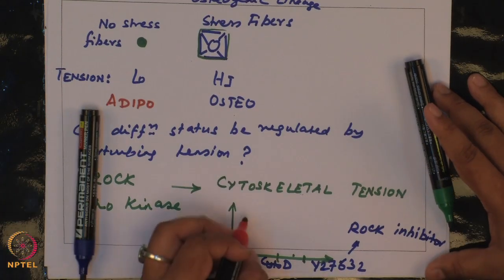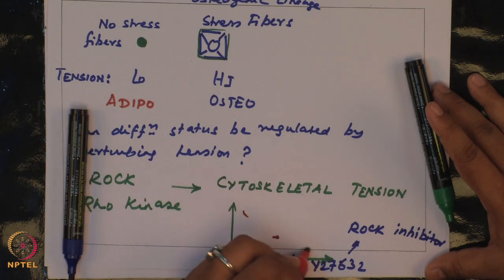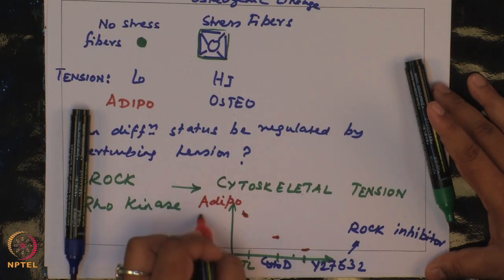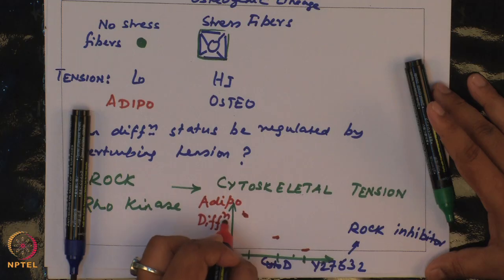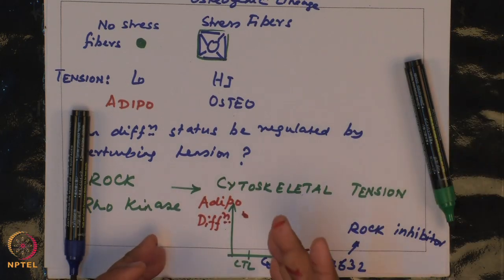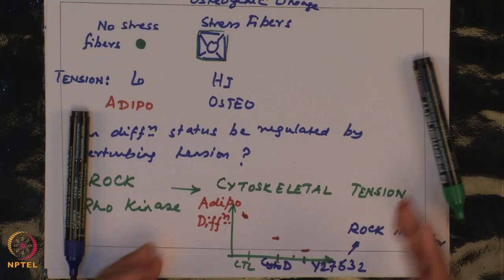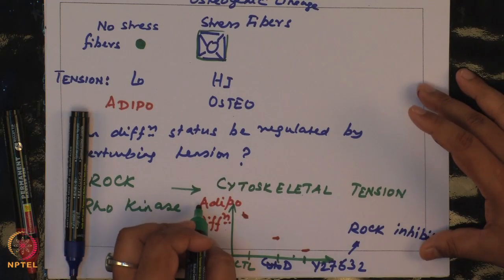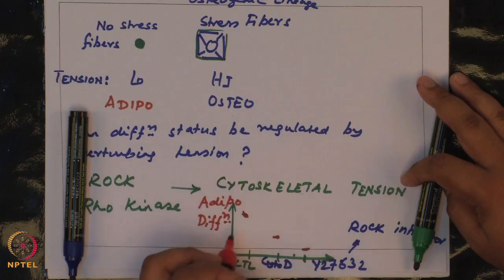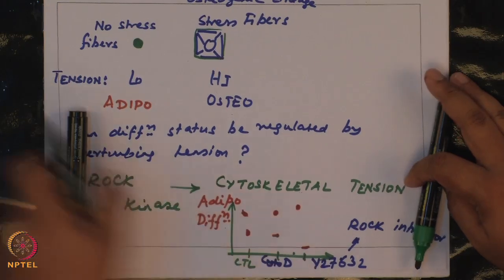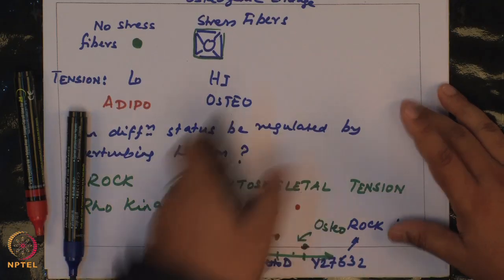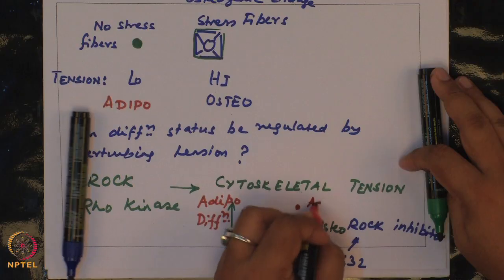once again adipogenic differentiation dropped. Sorry, this is osteo differentiation and this is adipo differentiation.